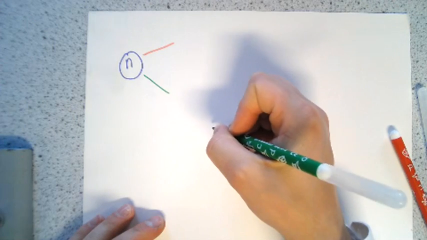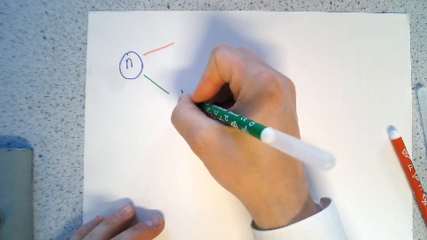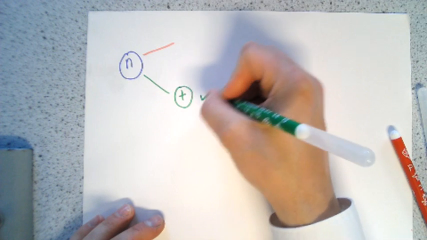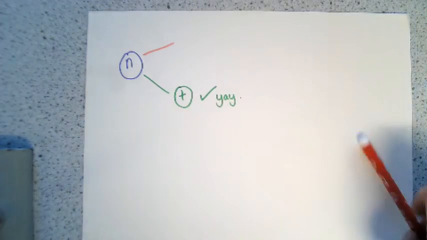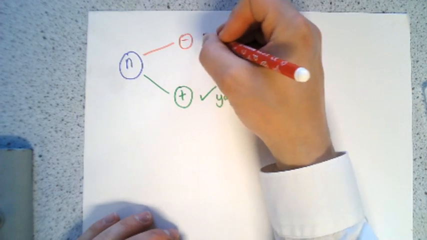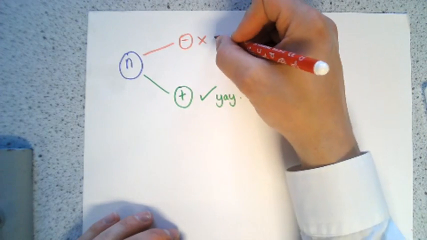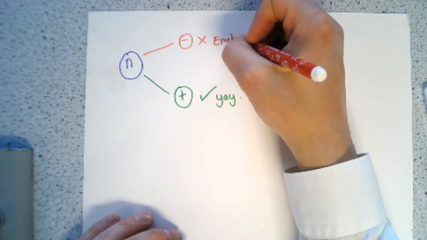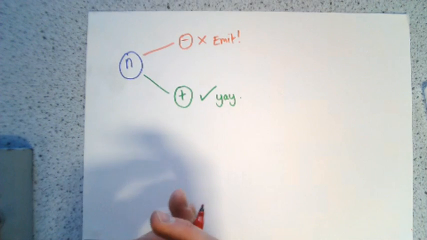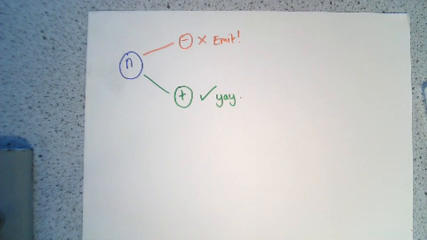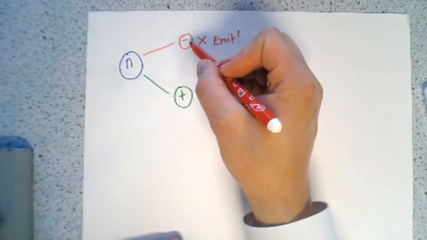First of all, it gets converted into a positive proton that the atom keeps, and a negative electron that the atom will emit. So your neutron's converted to a proton and an electron. The atom will keep the proton, which is why in beta, when I show you the atomic number, the proton number goes up by 1 to represent that, and the electron is given off.